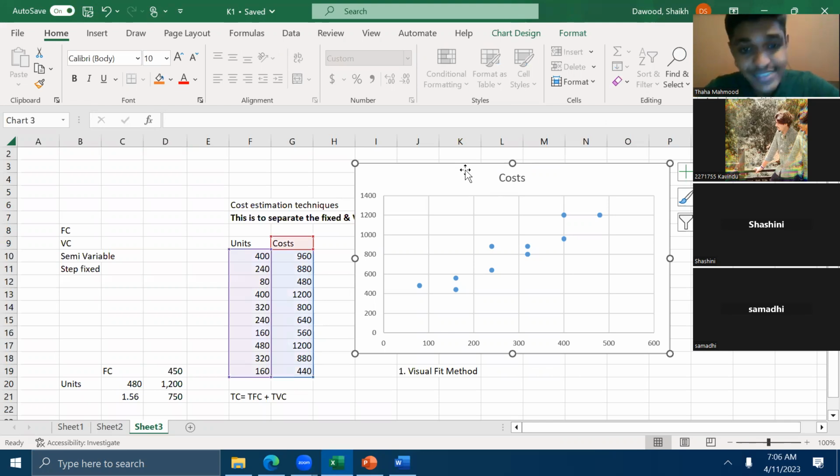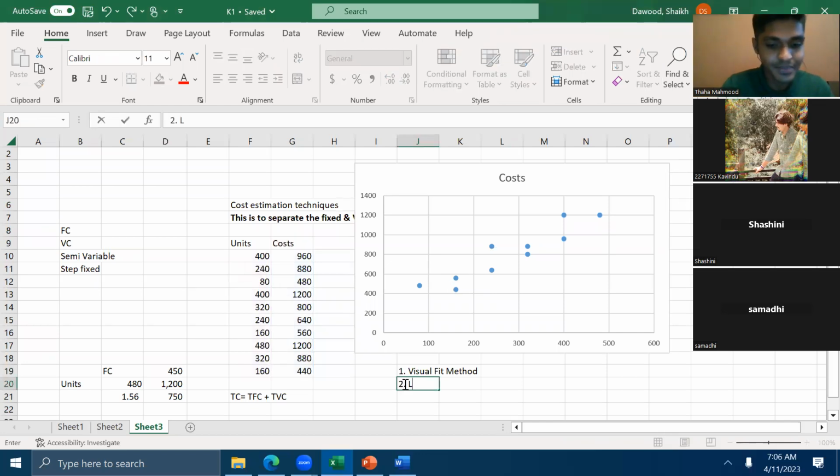We have learned the least squares method and regression analysis. In regression analysis we find the relationship between two variables, where one is the dependent and the other is the independent variable. The least squares method is one of the methods under regression analysis, used to find the relationship between an independent and a dependent variable. So that would be the second method, linear regression.